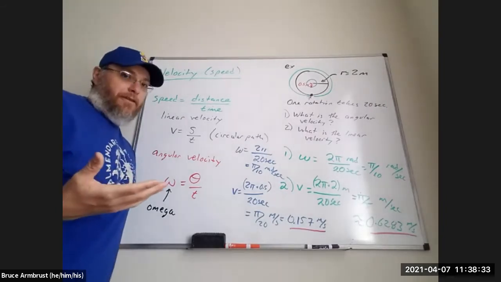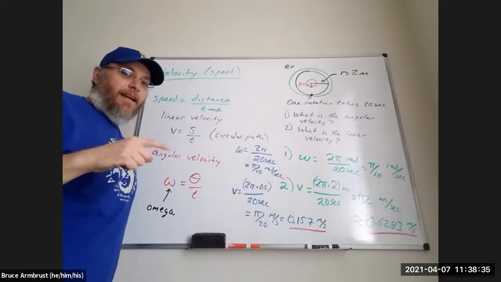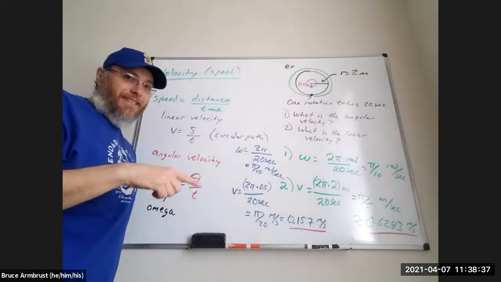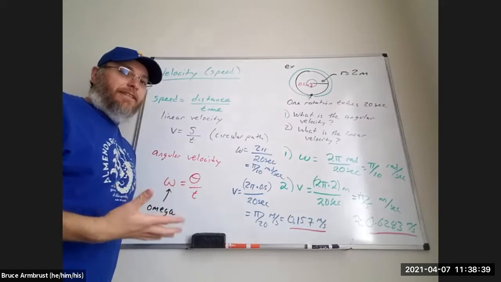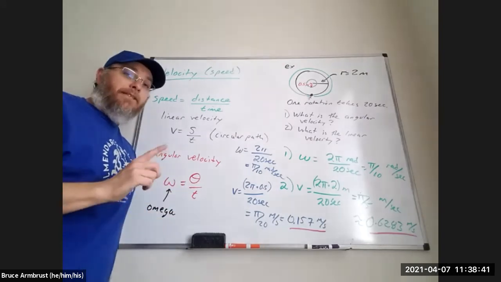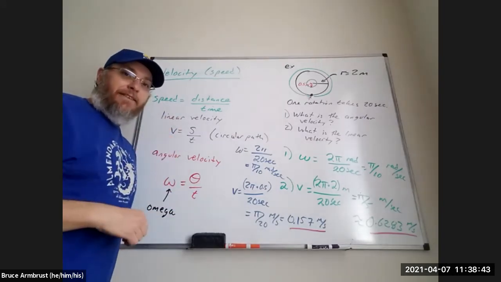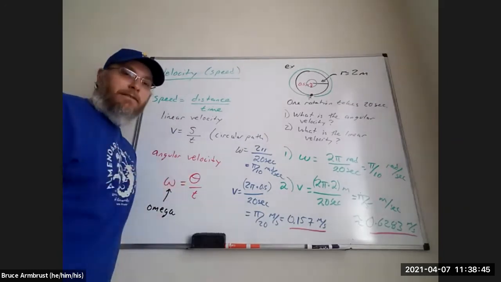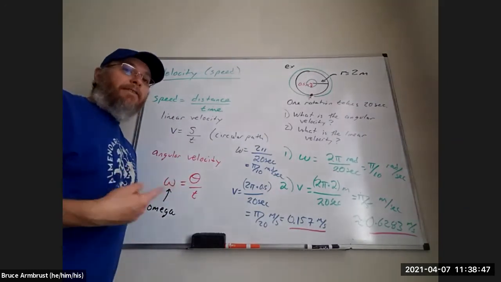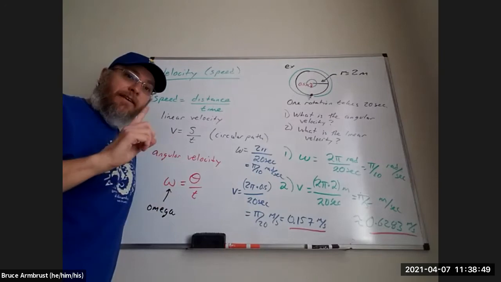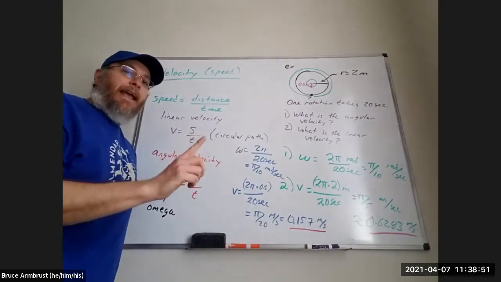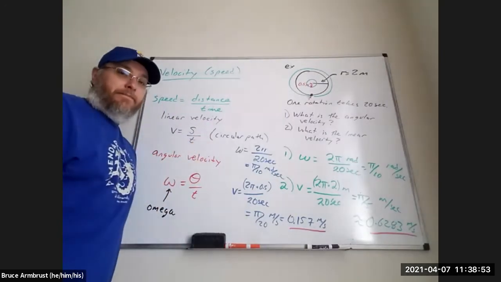So think about Earth. Let's not talk about Earth going around the sun, because that's not a circle. We actually travel an elliptical path around the sun. But let's just talk about the Earth rotating on its axis, right? What makes days, right? So everybody on Earth is traveling at the same angular velocity.